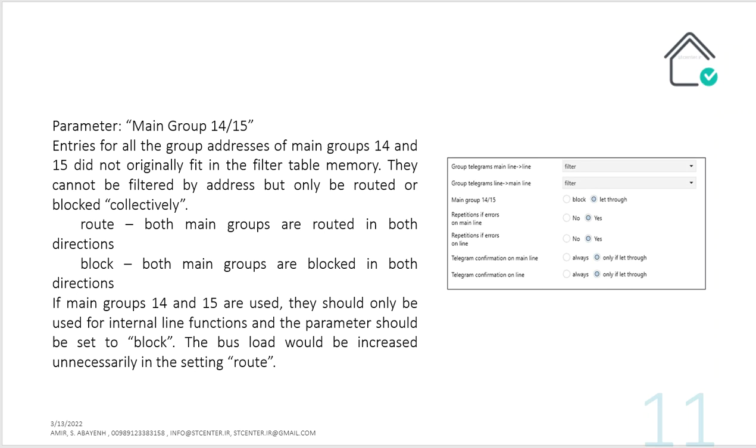You should always consider main group addresses 14 and 15 and see how your couplers behave. For example, with the parameter setting that the book provides for main groups 14 and 15, we can tell the couplers to route or block. That's it. There is no filter for that.